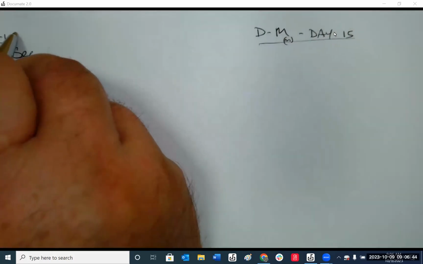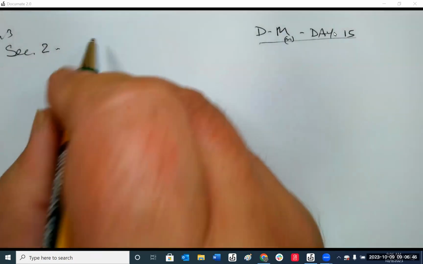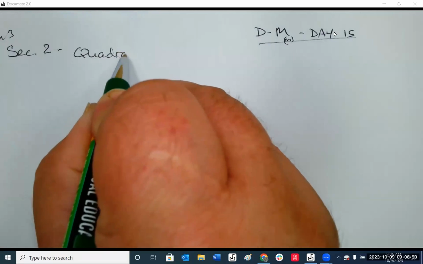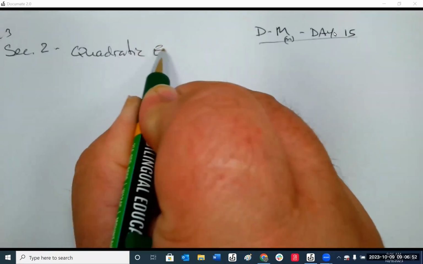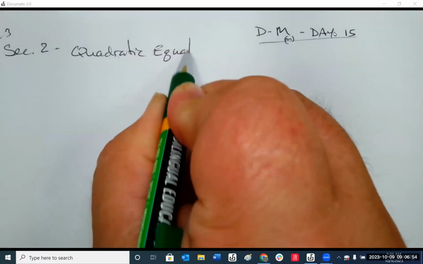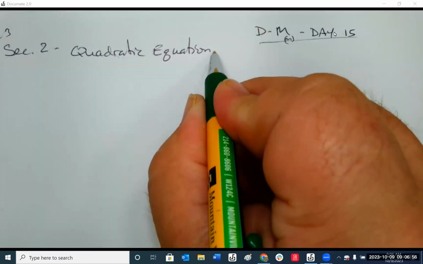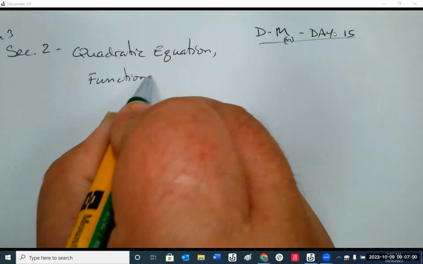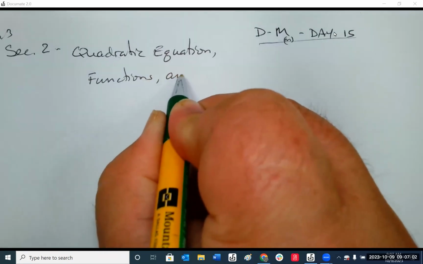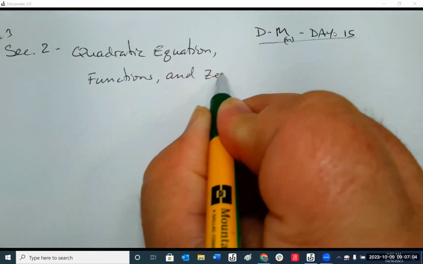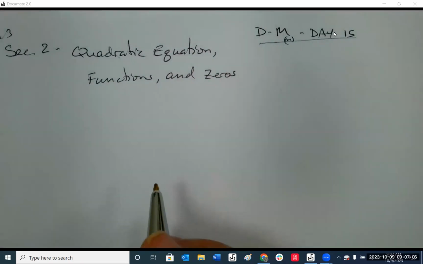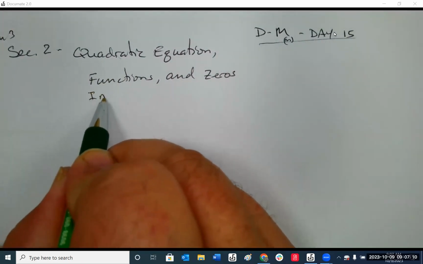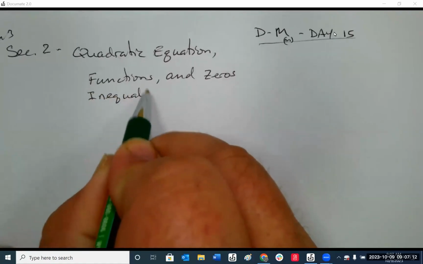We're doing chapter 3, section 2, which is quadratic equations, functions, and zeros, as well as inequalities.